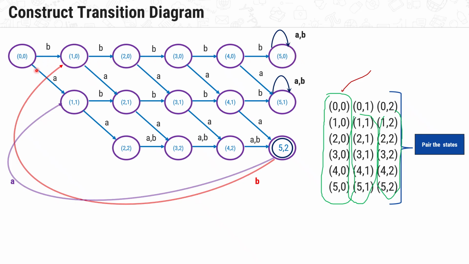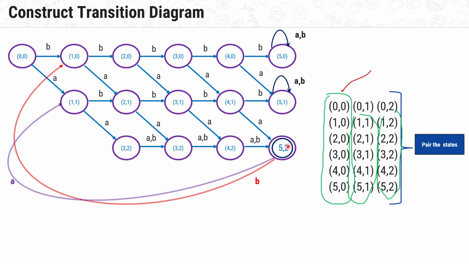Suppose there is another 1 A, but it has only A, B, B, B, B. What is the length of this? We have seen only 1 A in this, right? And also there may be 2 A's, but what is the length that is accepted? Like that you can write any combination.